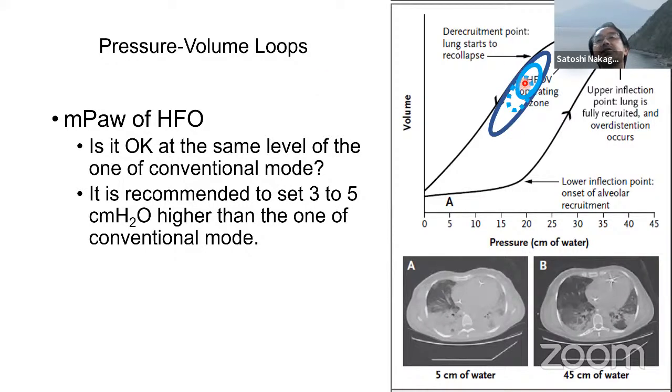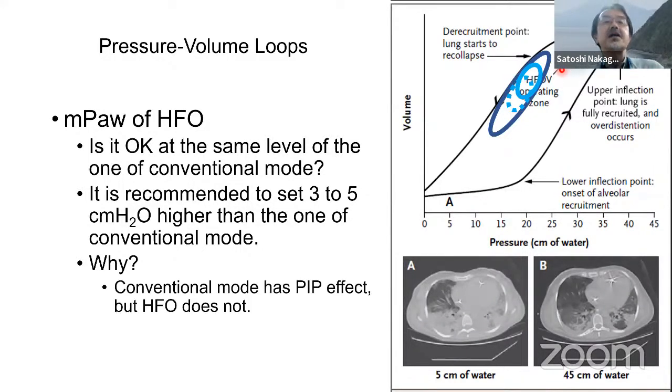Probably it is better to increase the mean pressure from conventional mechanical ventilation to high-frequency oscillation, because with conventional mechanical ventilation, a peak inspiratory pressure inflates the lung. However, there's no such function with high-frequency oscillation. This is why we prefer to set the higher mean pressure at the starting point of high-frequency oscillation.